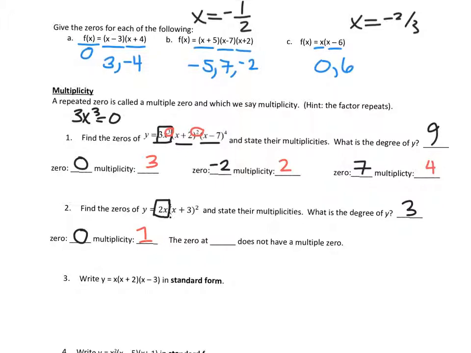Oops, I think I did that the wrong way around. A multiplicity of 1 is not more than 1, so it wouldn't be called a multiplicity. So I would write that -3 has a multiplicity of 2, and the zero at 0 does not have a multiple zero.